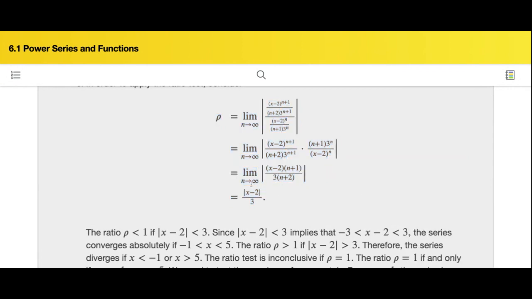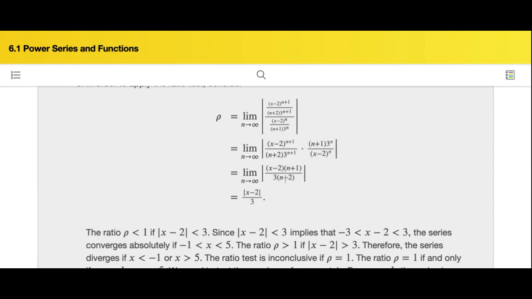Now x minus 2 has nothing to do with n, so we can factor out x minus 2. Then we'll take the limit of n plus 1 divided by 3 times n plus 2. Well, the limit of that, by the ignore rule, is just 1/3. Right? The limit of n plus 1 divided by 3n plus 6, we just take the leading term.